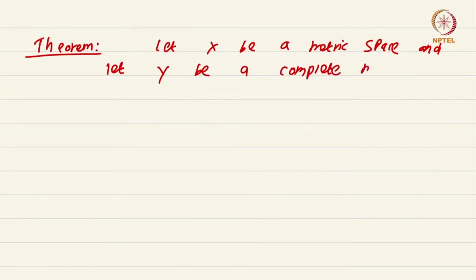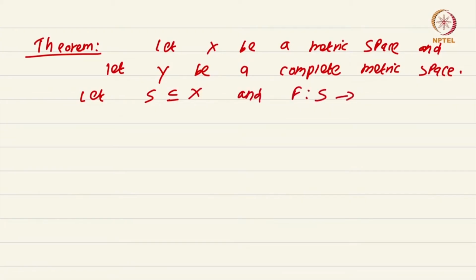Let S be a subset of X and f from S to Y be a uniformly continuous function. So what I'm doing is considering a subset S of the metric space X. I am giving it the subspace metric. I'm treating S as a subspace of X, and I have a uniformly continuous map from S to Y. Note Y is complete. No such assumption is made on X.